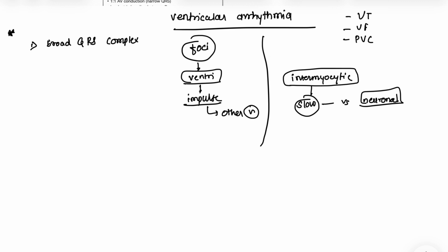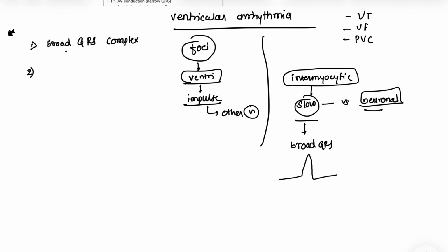Since it is an intermyocytic conduction and it is slow, we will get this on ECG as a broad QRS complex, like this. And in neuronal conduction, it's regular and very fast. That's why we get the narrow QRS complex. So the first thing is the broad QRS complex.